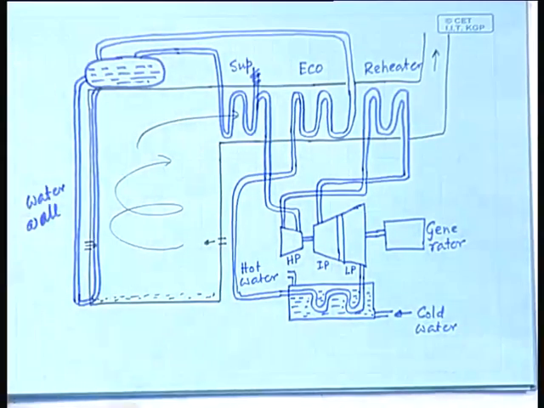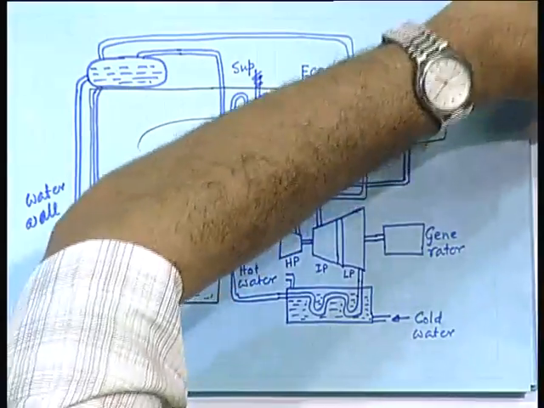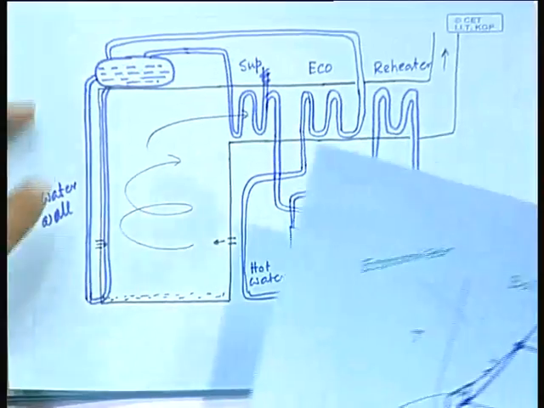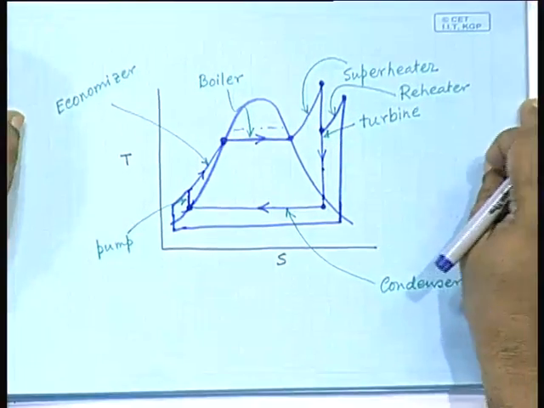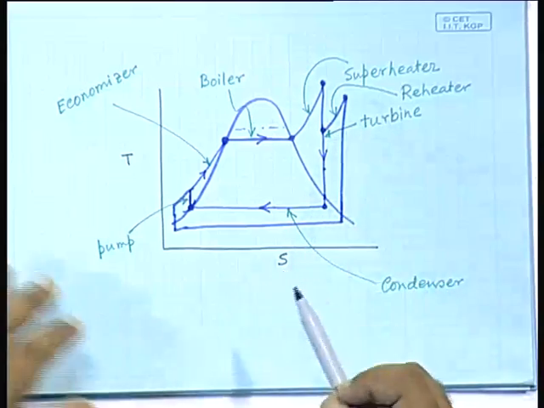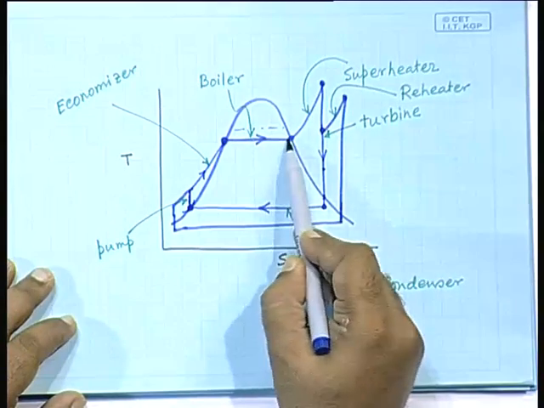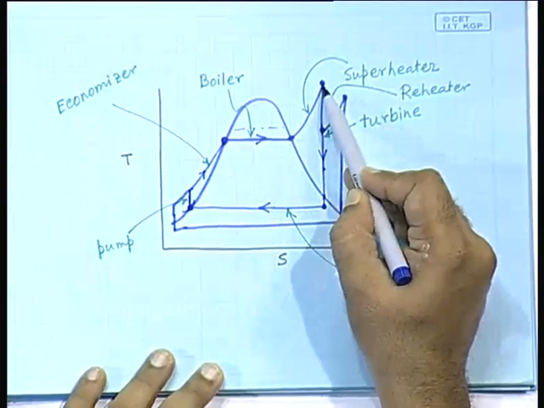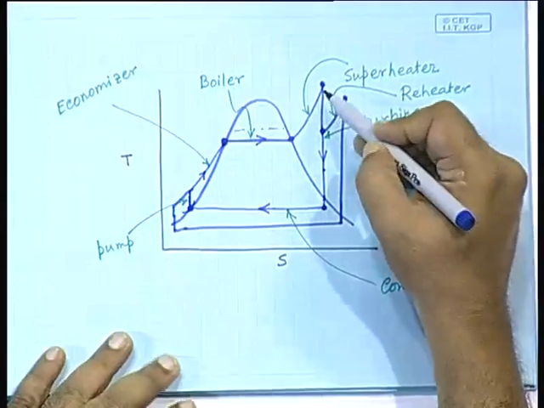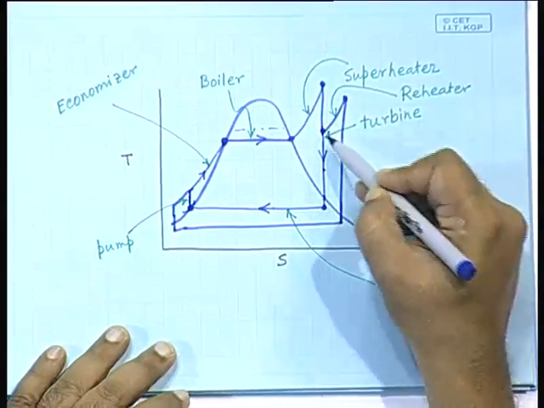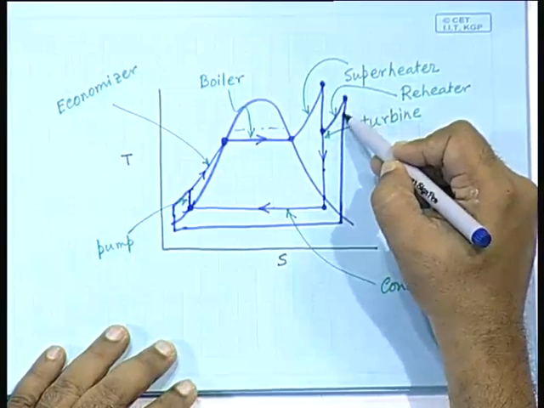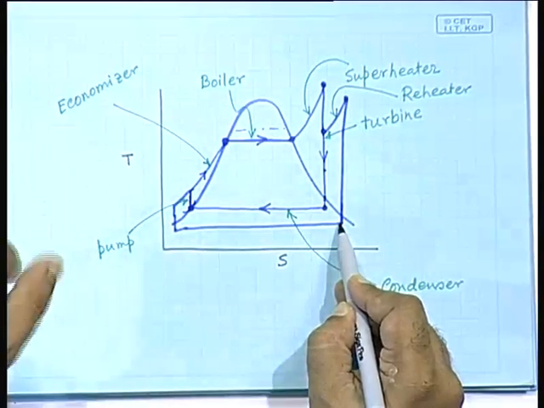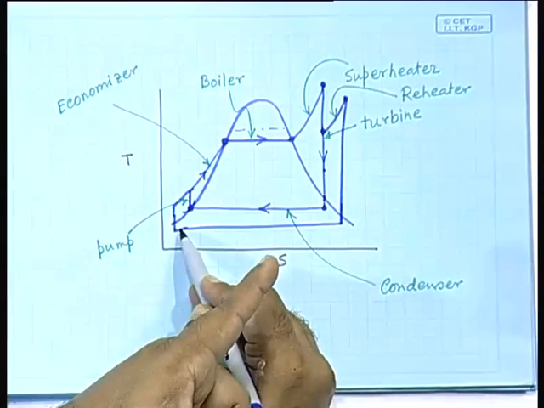In addition to this, let us relate all this again to the TS diagram. In order to recapitulate, after we have obtained this changed cycle, we have the boiling process here inside the boiler, inside the water walls, the superheater process here in the superheater, here is the high pressure turbine, here is the reheater, here is the intermediate and low pressure turbine, and finally it is taken out, and this is the process inside the condenser.